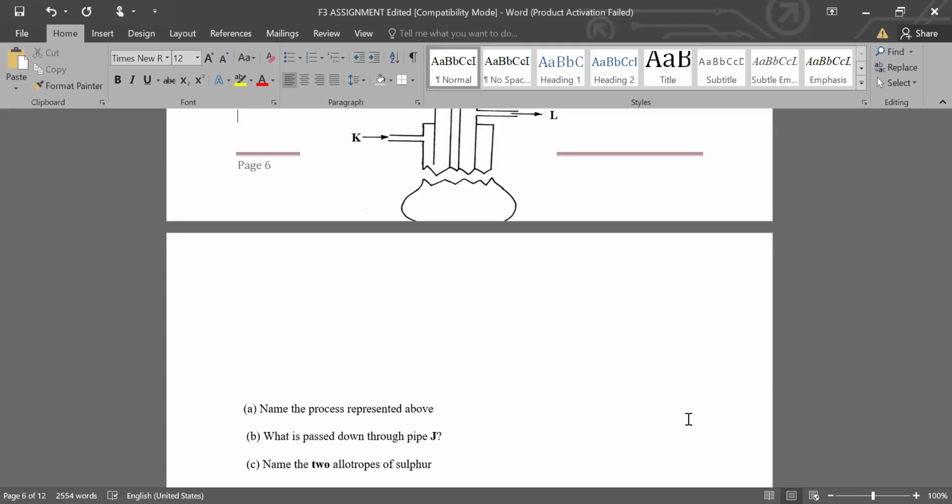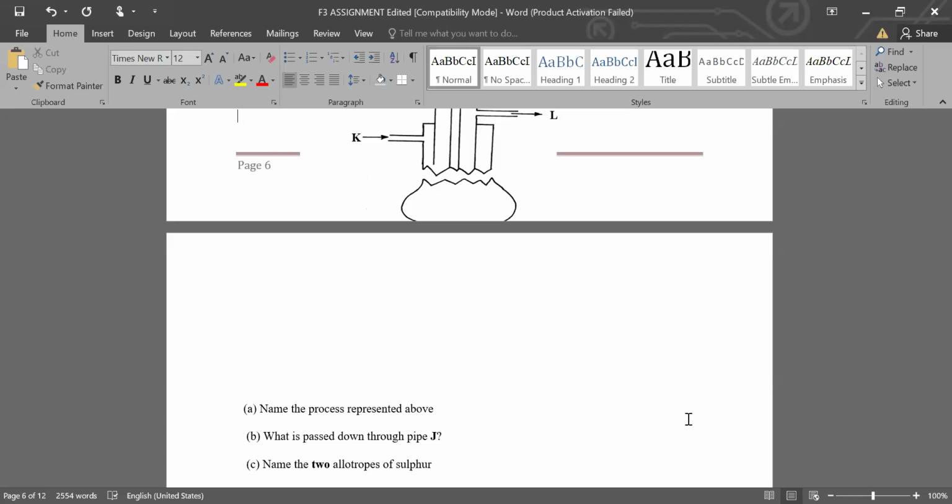And of course, an allotrope is a crystalline form of an element with different forms in the same physical state. So we have the rhombic, which is tetrahedral. That is a different shape from monoclinic, which forms long prisms. And yet, both of them are made of sulfur atoms.